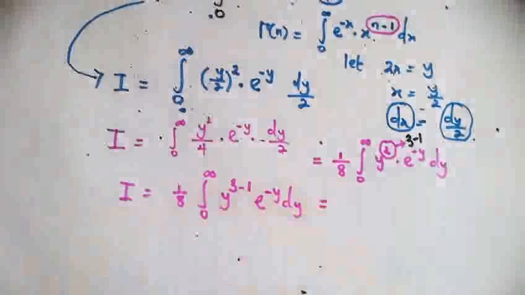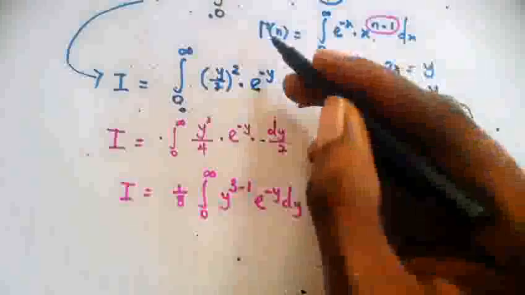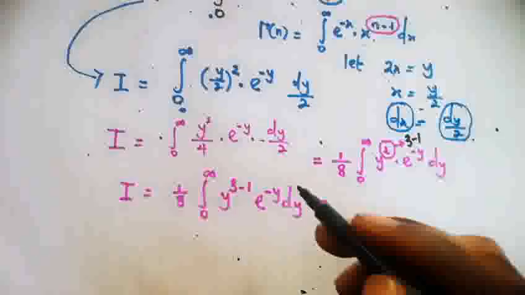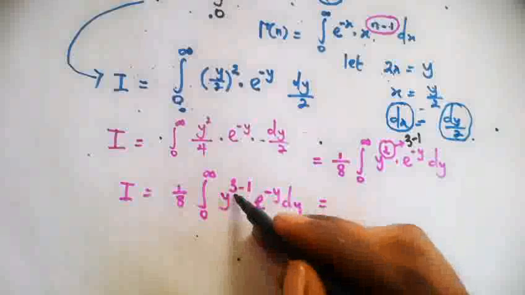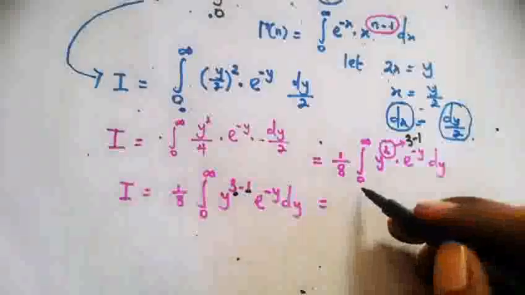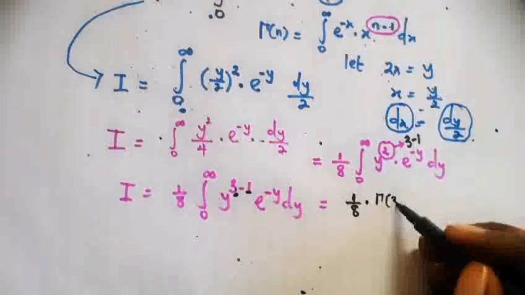So when looking at this, this is the gamma of 3. If gamma of n is the integral of x raised to power n minus 1 times e raised to power negative x, and we have y raised to power 3 minus 1, then this is the gamma of 3. So we have this as 1 over 8 times the gamma of 3.